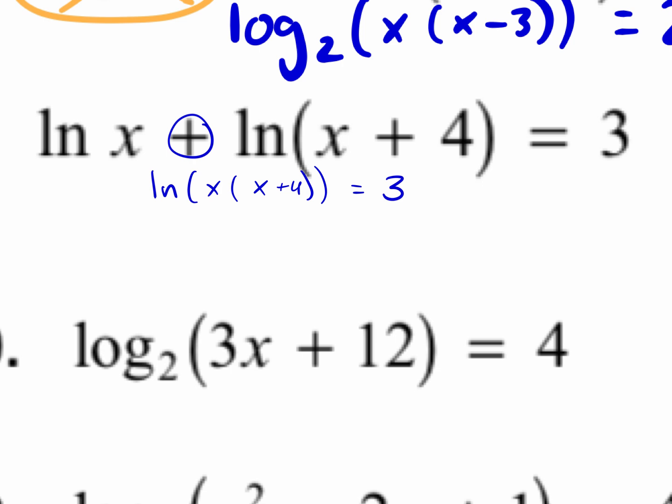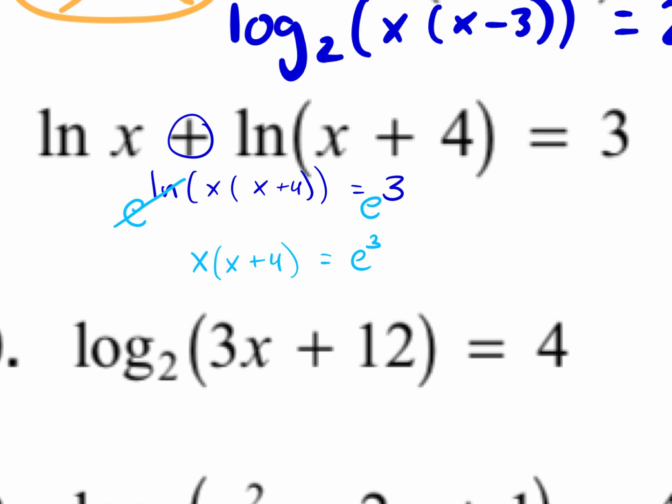Ln is log with what base? Log base e. So what do I need to make my big base? E. So make the big base e on both sides. So it cancels out here. So we're left with x times x plus 4 is equal to e to the third power.